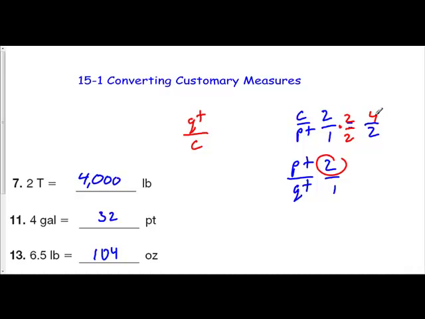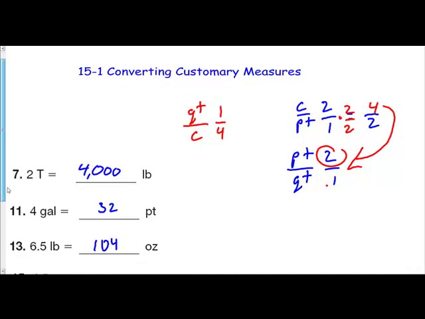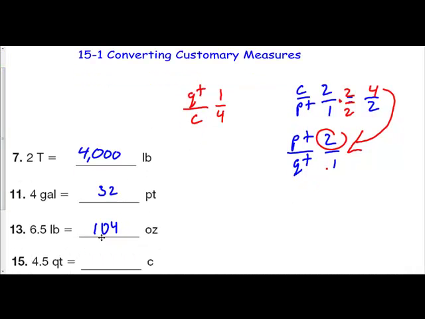So there are 4 cups in 2 pints, and that means there are 4 cups in 1 quart. So for 1 quart there are 4 cups, and they want to know how many for 4.5 quarts. So let's write that down. 4.5 quarts, and we don't know how many.